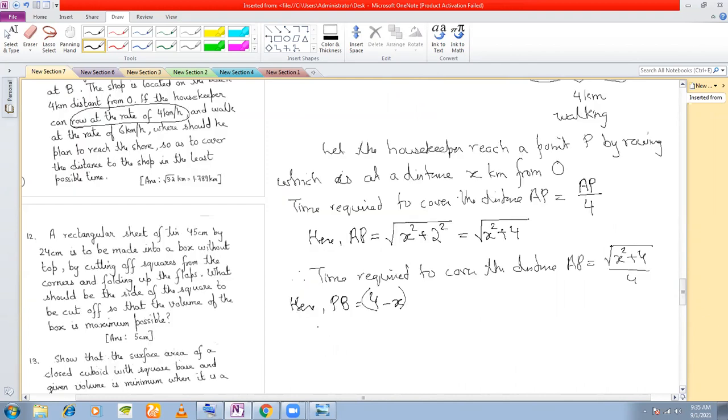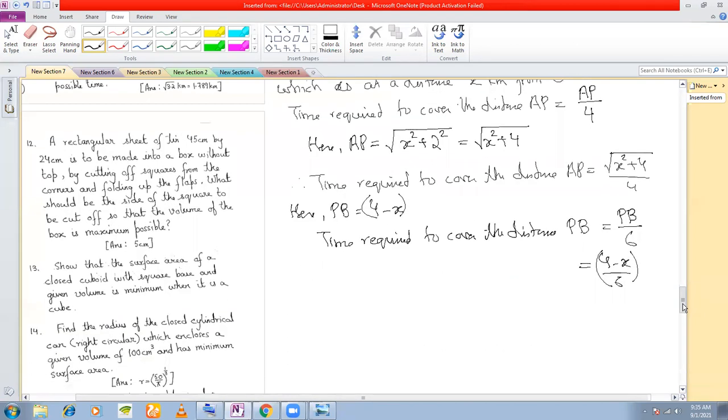So the time required to cover the distance PB is PB by speed. What is the speed of his walking? 6. So it is 4 minus x by 6.